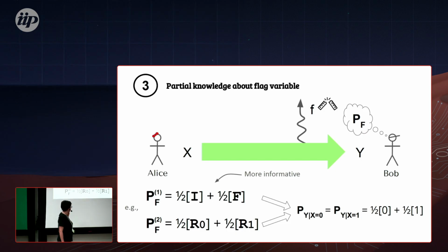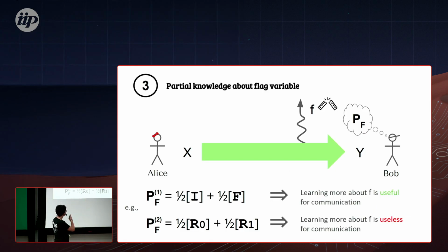Okay, so here I say that this is more informative, but even more than that, I want to argue that it is also more useful for this communication task that I cooked up here. So in this first case, if Bob knows that the probability distribution over functions is this one, and suppose that Bob has the possibility of extracting more information from the environment to learn the flag variable, okay?